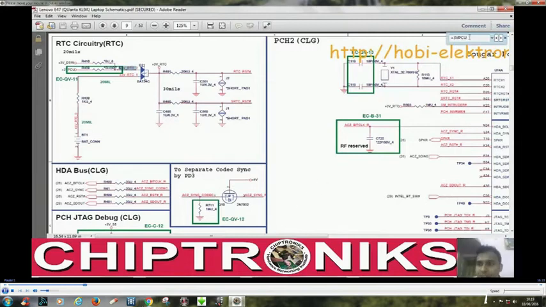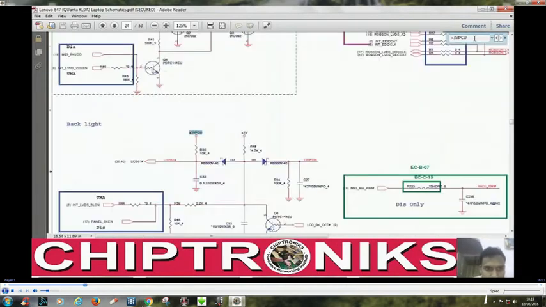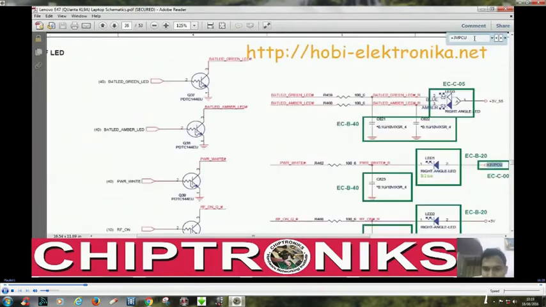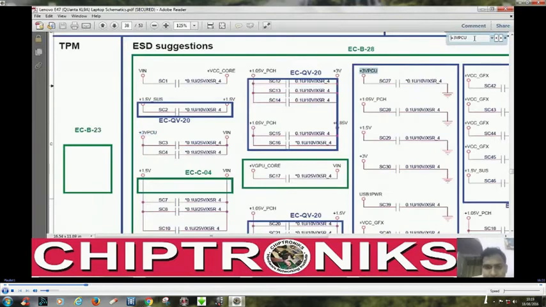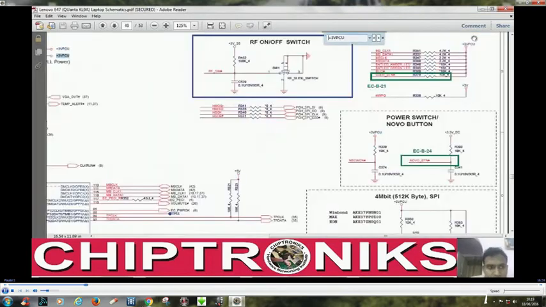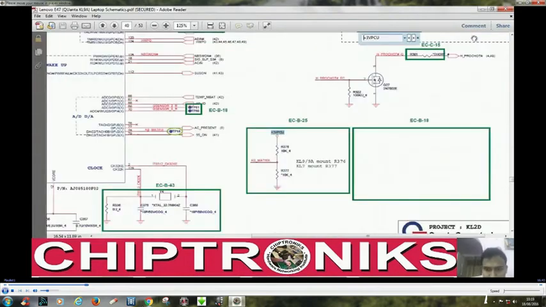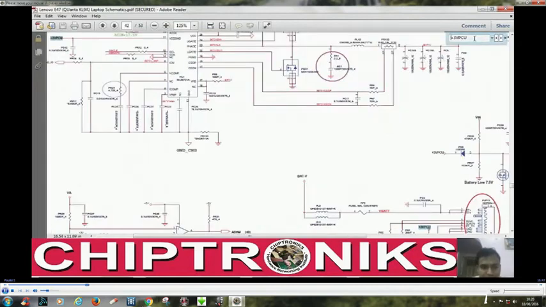So let's see +3V_PCU, and you'll find it in our 3V 5V regulator.